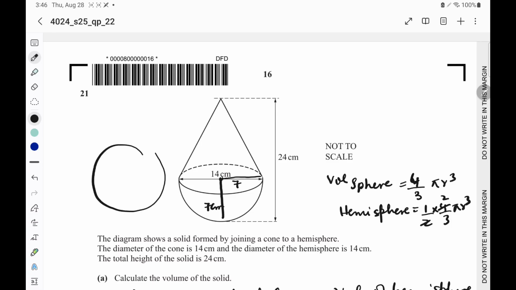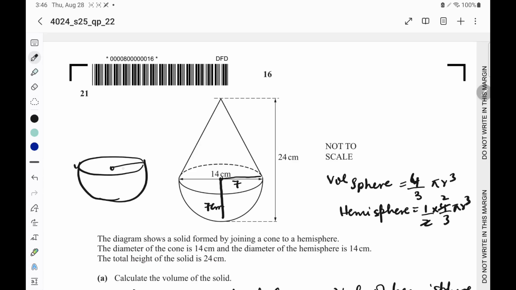If we have a sphere, you know that it is 7, 7, 7 from the center to the boundary, or imagine it's a solid shape, so from everywhere it is 7 centimeters. So for the hemisphere also, if this is 7 centimeter, this is also 7, so they all are 7 centimeter. So we don't want the 7 centimeter from the 24 centimeters.